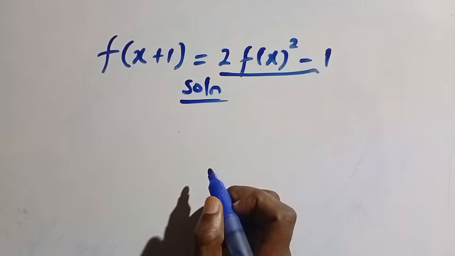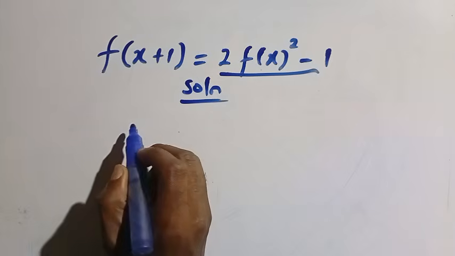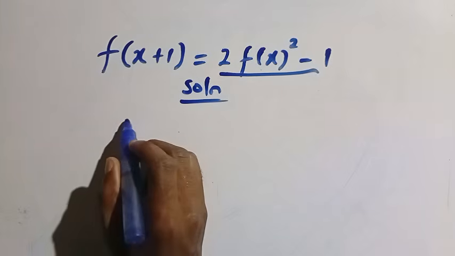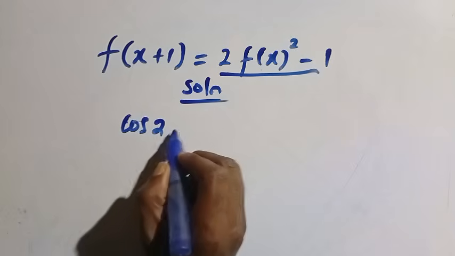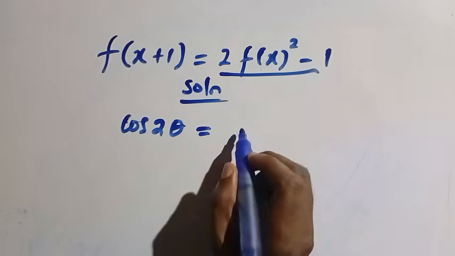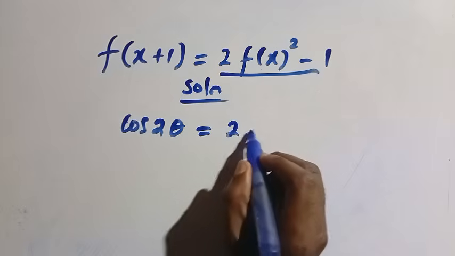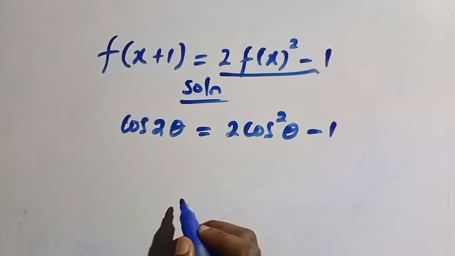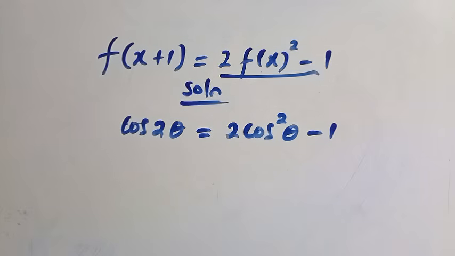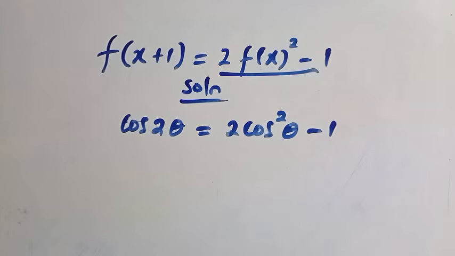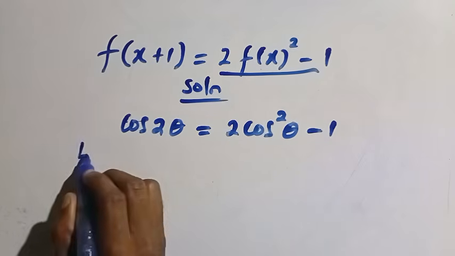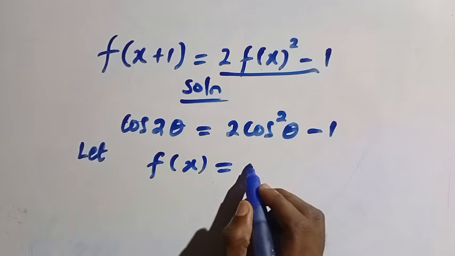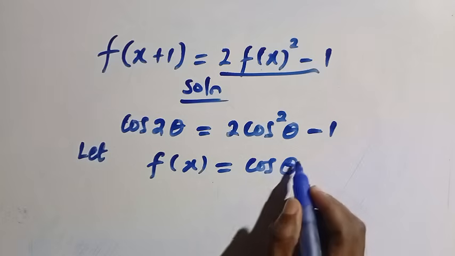Let's recall the double angle formula for cos: we have cos 2θ, one form of which is 2cos²θ - 1. Since we know this, it is very simple that we let f(x) equal cos θ.